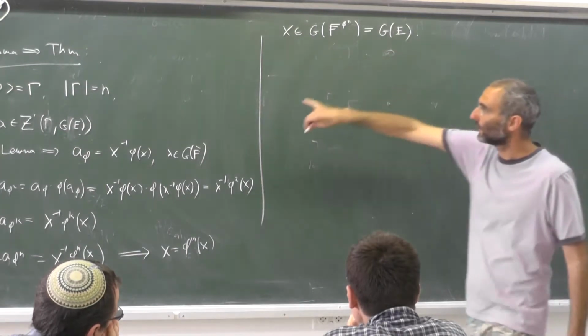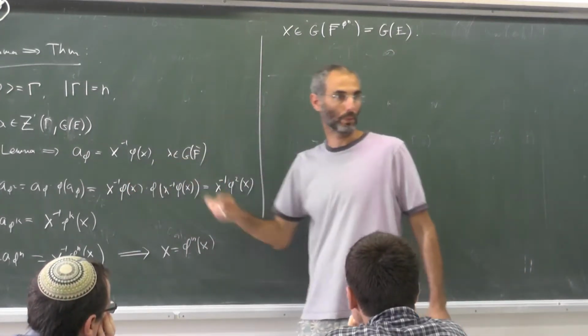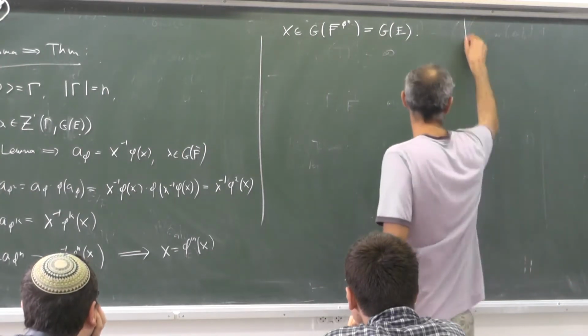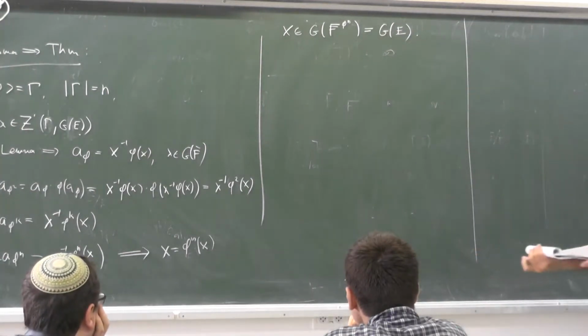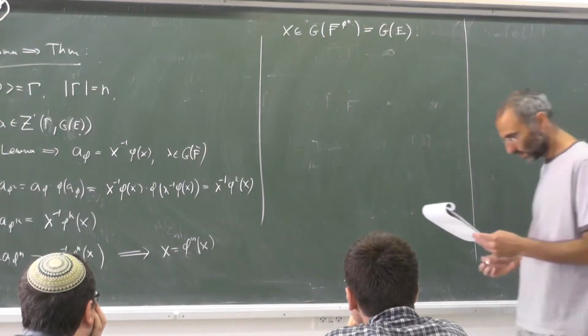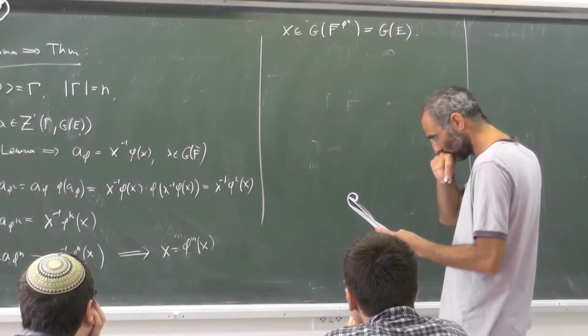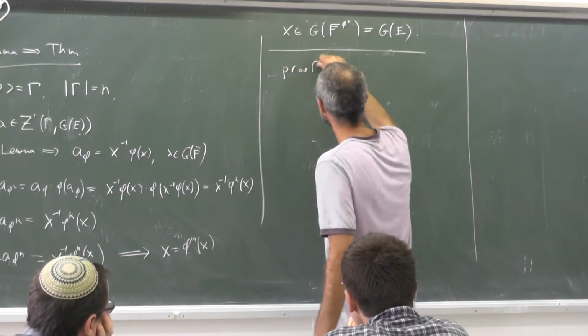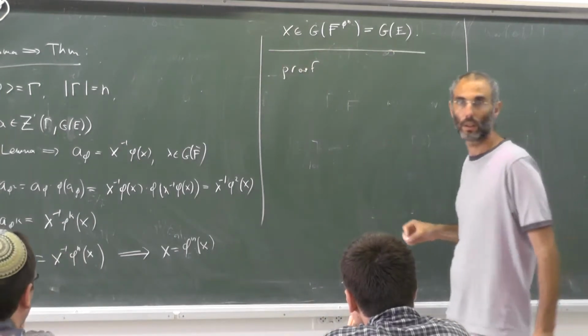And we are done. And so this coboundary expression actually takes place over E. And this is the proof. And now, any questions?